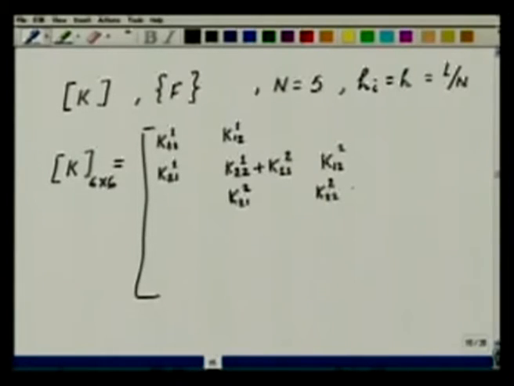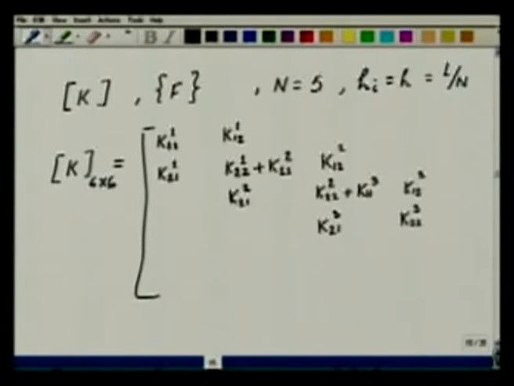Then I go further, look at element 3. For element 3, phi 3 and phi 4 are non-zero, so it only contributes to the third and fourth rows and the third and fourth columns. So third row, third column will have K11 of element 3, and similarly here I will have K12 of element 3, and then in the fourth row I will have K21 of element 3, and here I will have K22 of element 3.